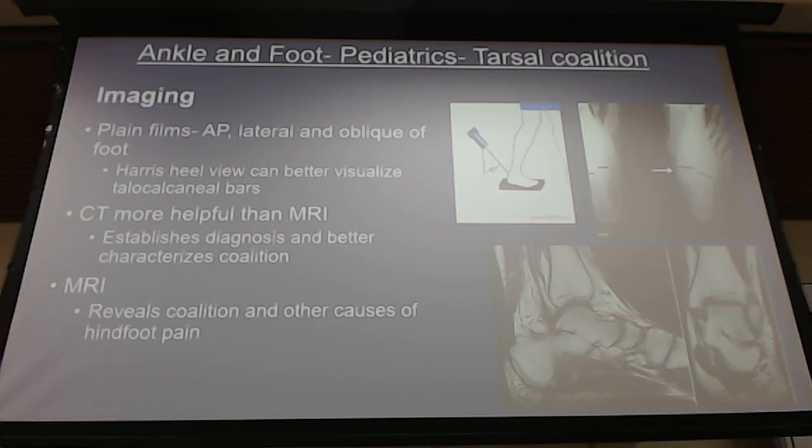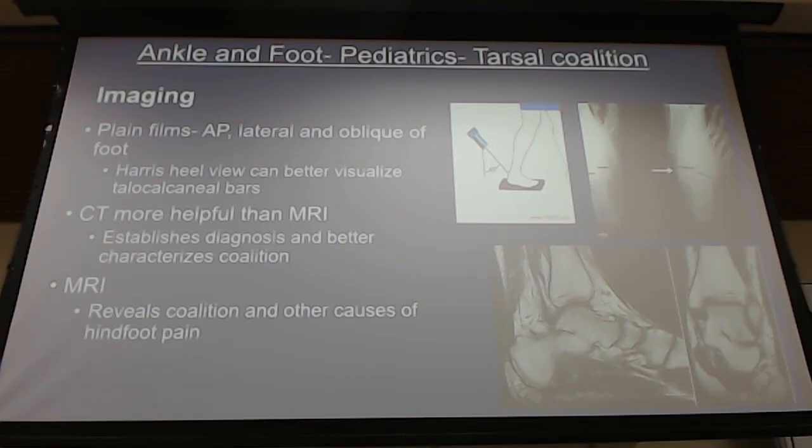Now, in this case, the CT scan is a little more helpful than an MRI. I just told you 2 minutes ago, if you want to get a better appreciation for the extent of an OCD lesion, or osteochondral lesion of the talus, you get which study? MRI, right?